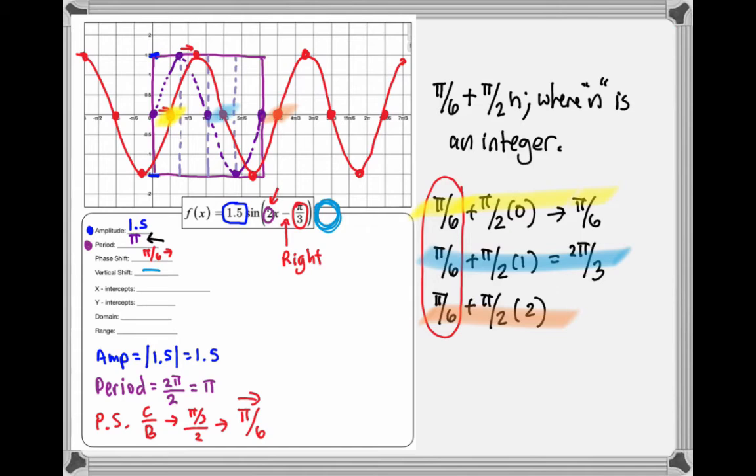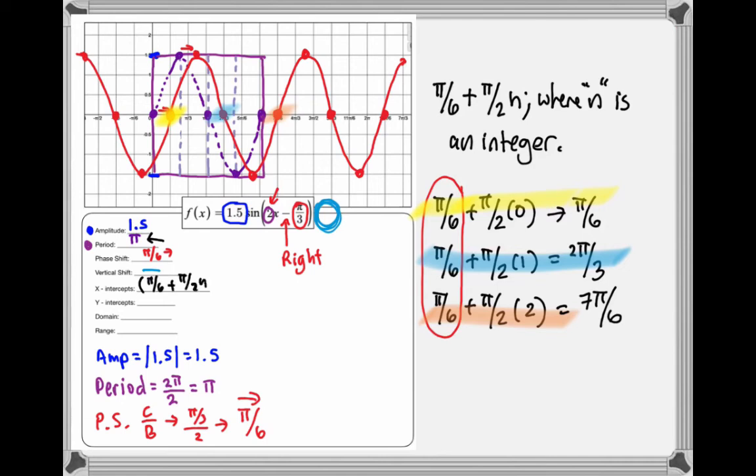So I would have pi over 6 plus pi, which I believe is going to be 7 pi over 6, which is the value of that one right there, and so forth.